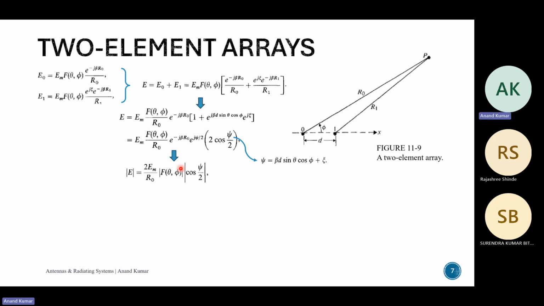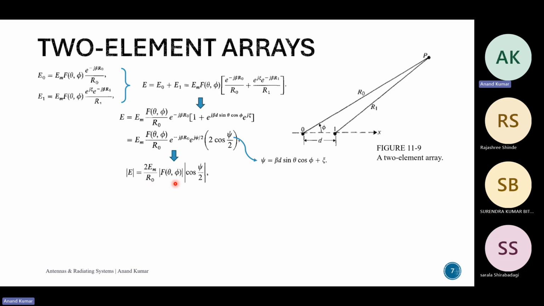This can be rewritten in this form, where the magnitude of the electric field is now given by this expression. The e^(-jβr) and e^(jψ) terms have a magnitude of 1, so they do not contribute to the magnitude, and hence we are left with the expression over here.